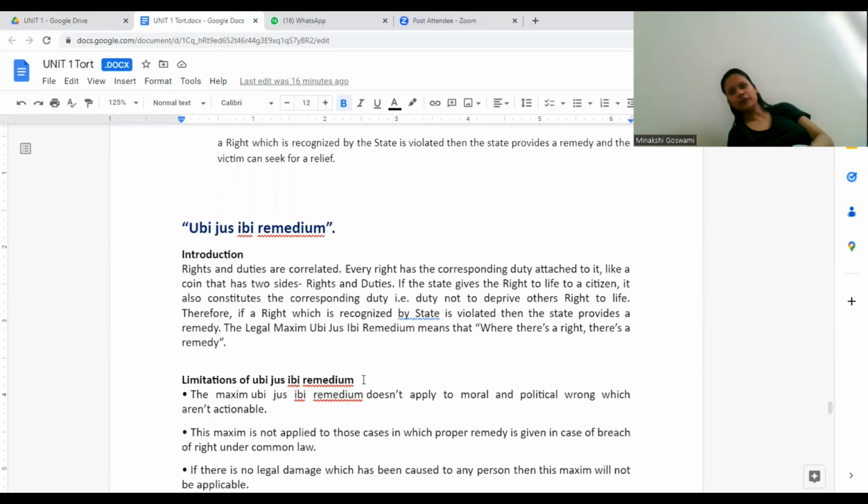Simply a right will not be given in any of the legislations. A duty will also be fixed, on who has a duty to ensure we are able to enjoy our rights, and it will also provide for a remedy. Because otherwise rights would be meaningless. Simply saying, okay, you have a right to do this, but then no remedy available, that would be meaningless. So you would get a legal remedy as well.